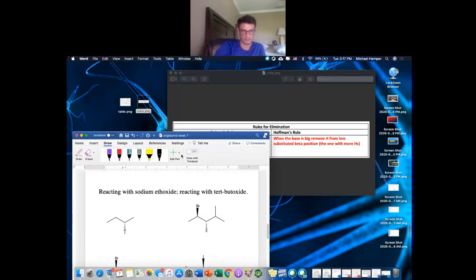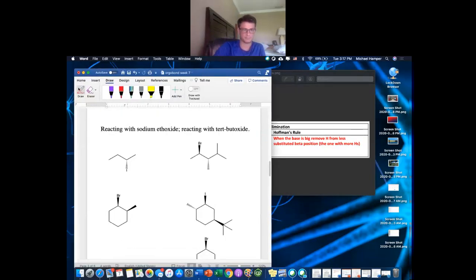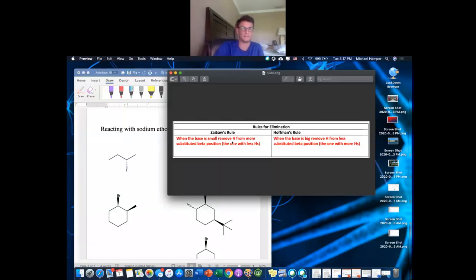Looking, for example, at this carbon here, it is more substituted than this carbon here, right? This carbon is attached to two other carbons. This carbon is attached to one. So this is the more substituted, this is less substituted. So if we have a smaller base, it's able to fit into something that's more crowded. And that is why a smaller base will react more readily with the more substituted position.